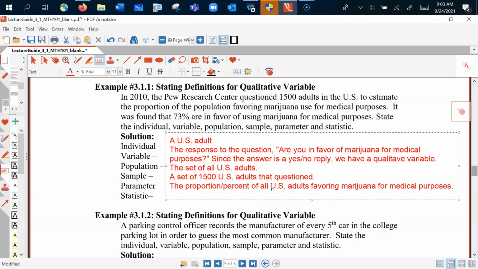Okay, so that's fixed, and that's what we'd like to know, but we can't get to that unless we interviewed every single adult in the U.S. So the statistic, that's going to be what we actually collect data from, and that's going to be the number from our sample that we're going to use to estimate the parameter.